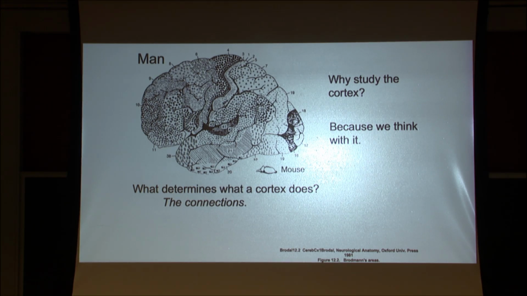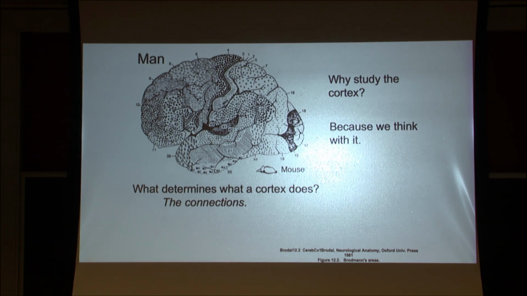And the next question and answer is opinion, but I think it's pretty well-founded opinion, that what determines what the cortex does, or really any brain circuit does, it's the connections. There's a huge amount that goes on with the dynamics and coding strategies that falls under the category of physiology.